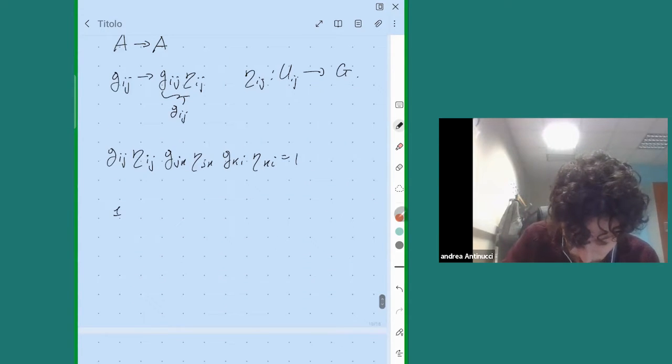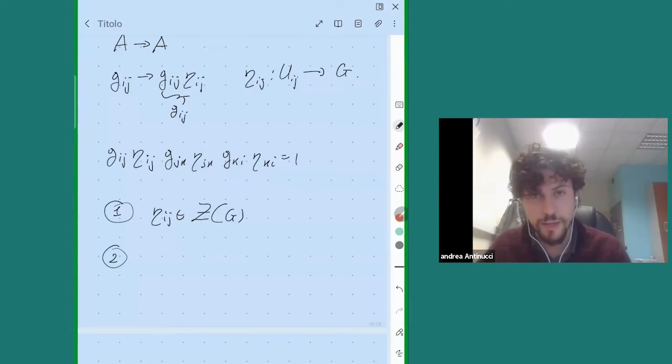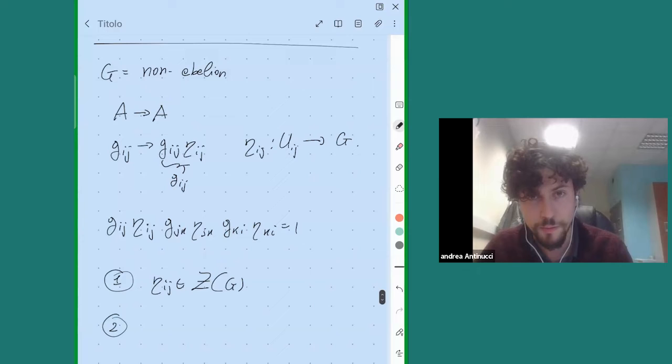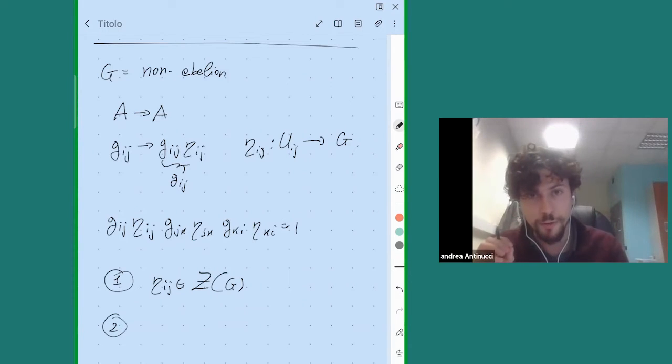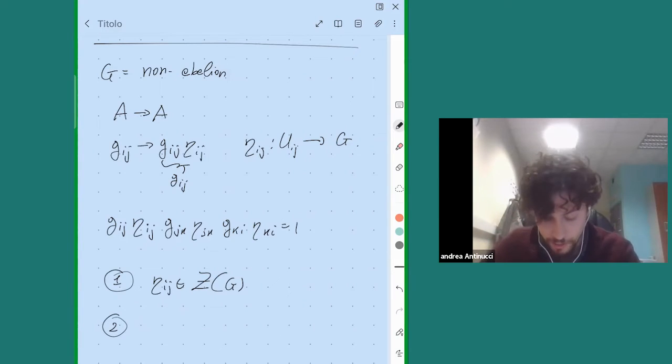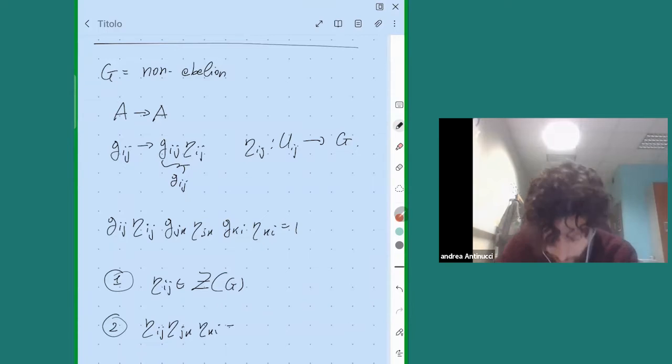The first condition is that the eta_ij are valued in the center of the group. This for sure immediately gives you a restriction, because the center in non-abelian gauge theory is a discrete group. So if you have a function from the double intersection to a discrete group, this function must be constant. So this eta_ij is a specific value for each pair ij, defining a double intersection, and moreover, the second condition is that this satisfies the cocycle condition.